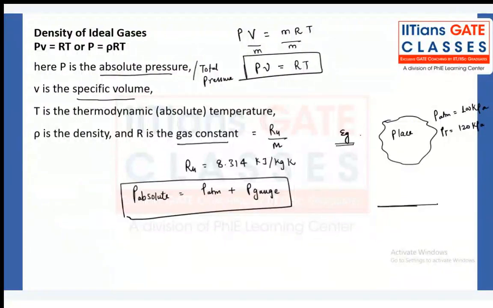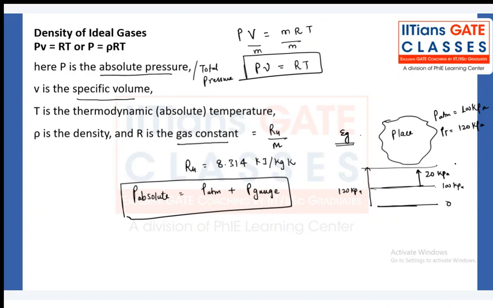I'm mentioning that with respect to zero reference, the total pressure is 120 kilopascal, but atmospheric pressure is 100 kilopascal. With respect to atmospheric pressure, how much extra pressure is there? 20 kilopascal. That 20 kilopascal will become your gauge pressure. This gauge pressure can be positive, can be negative, but absolute pressure will always be positive.